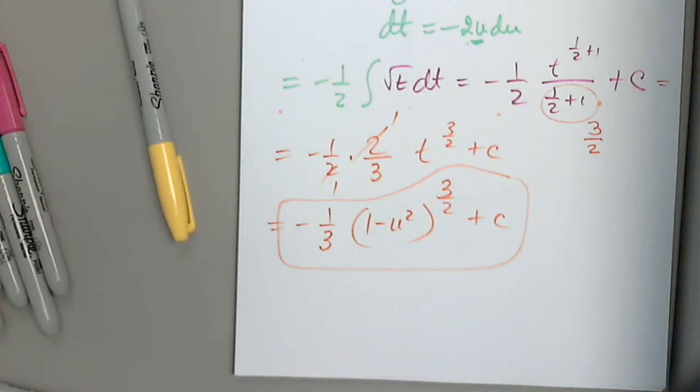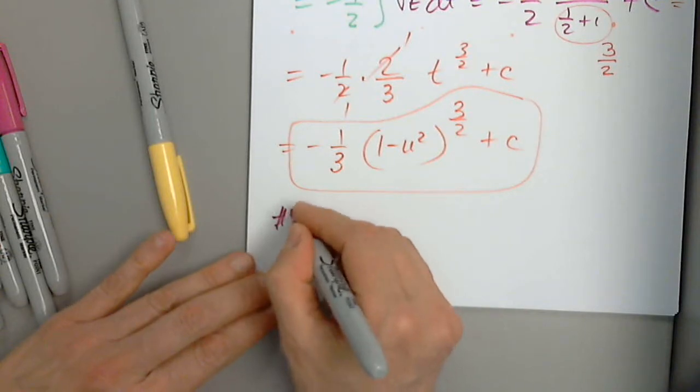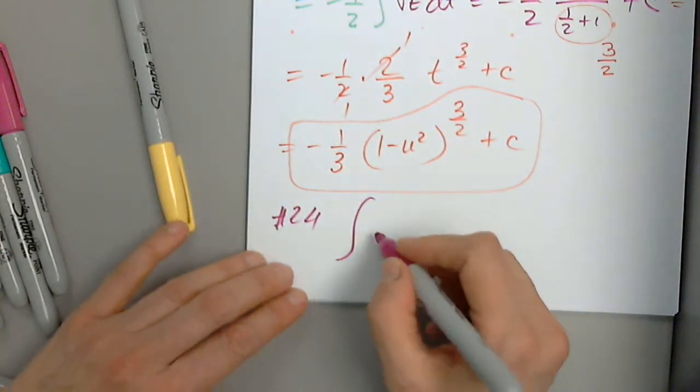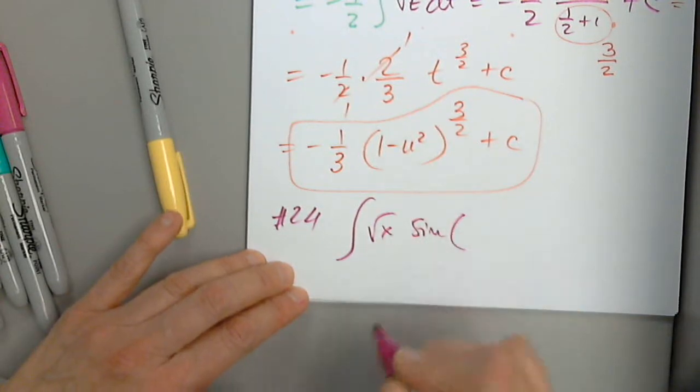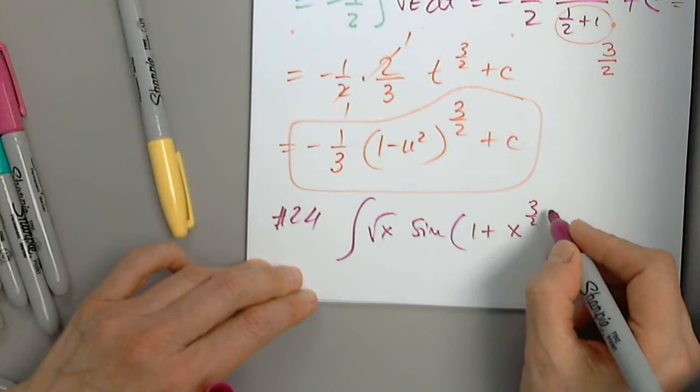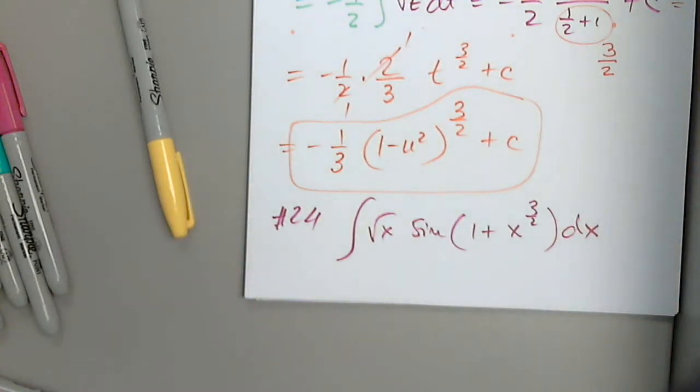So that's what we're doing. 24. We have the integral of the square root of x times sine of 1 plus x to 3/2, dx. Again, we're trying to find a substitution here.